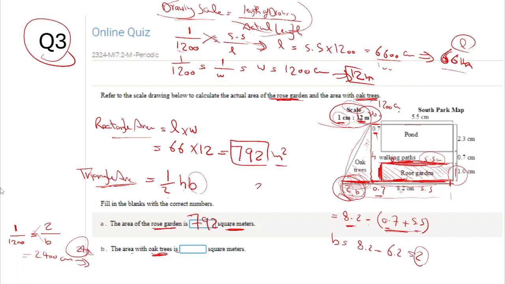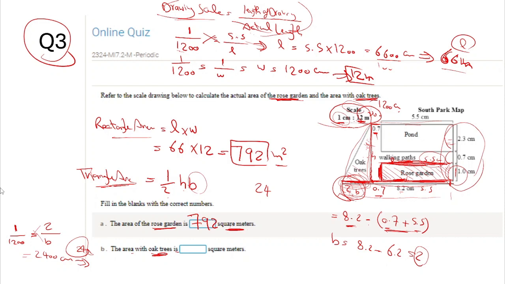Okay, now how to get the height. You can see this one is like a rectangle, right? And we can say this is 2.3, 0.7 plus 1. And this side is a rectangle, so this side will equal this side. So I will add these together, I will get this length.